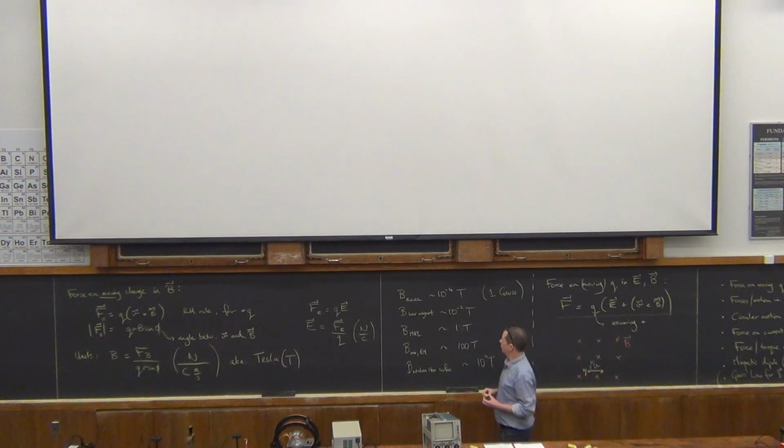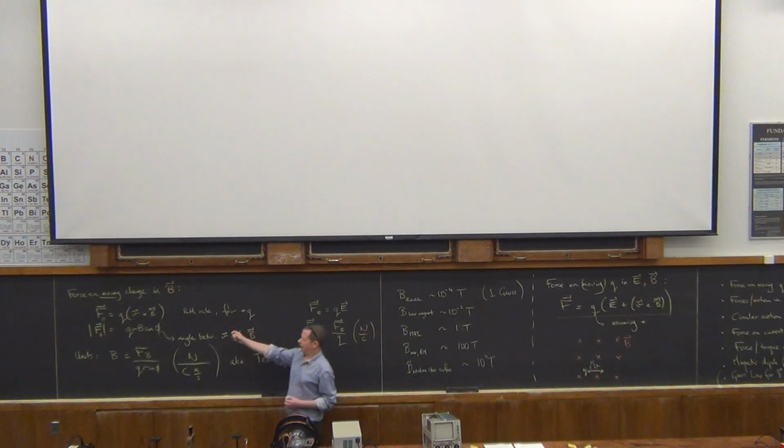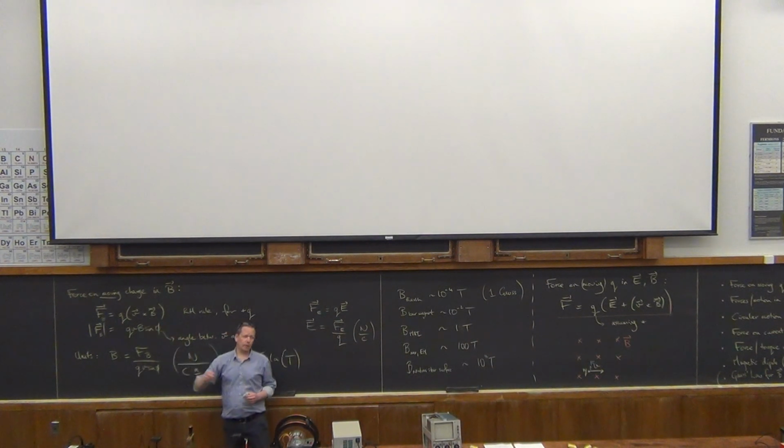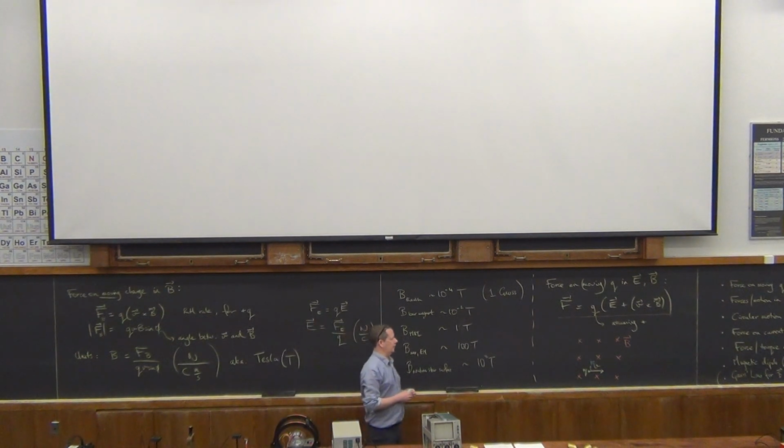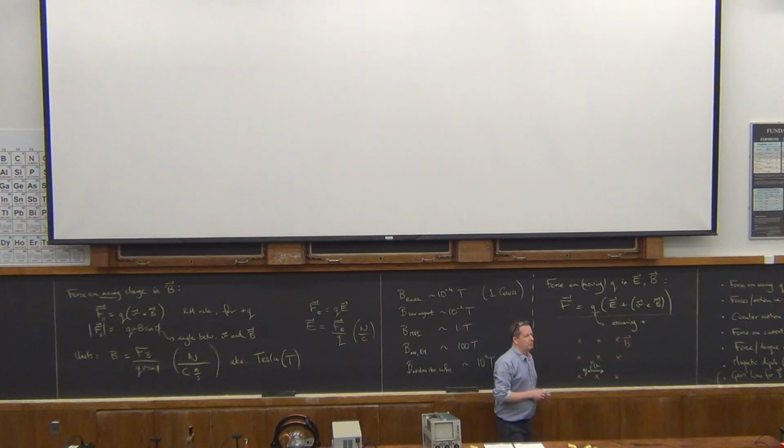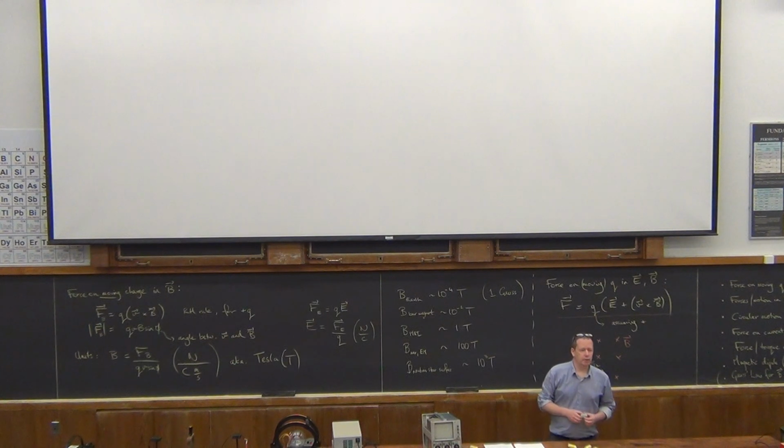We know that's true. We already learned this right at the get-go. So it's perpendicular to the instantaneous velocity. That means, if you think about it, a charge moving in a magnetic field will never change its speed, but it will change its velocity.